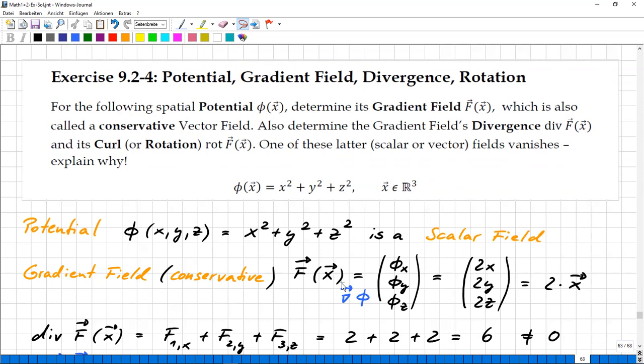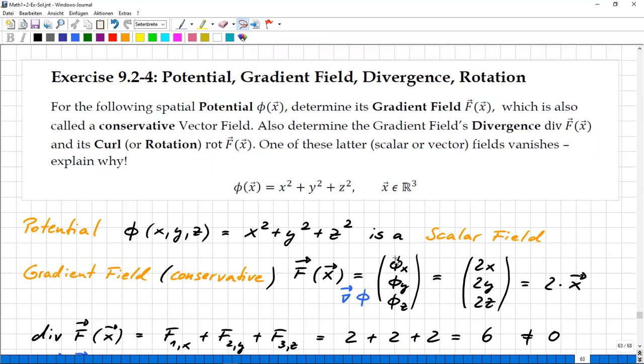So this is sort of a pseudo vector which contains simply the instructions to take the partial derivative for x, for y, for z. This is what's inside the nabla. And the phi is, you could say, multiplied to nabla, which means that every time phi is differentiated, but then with respect to the corresponding variable.